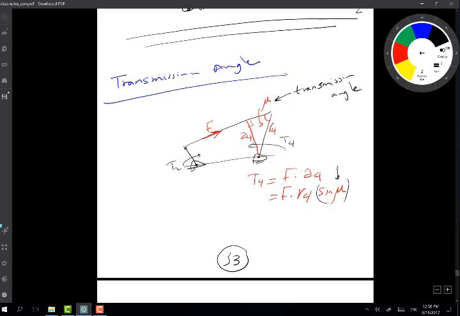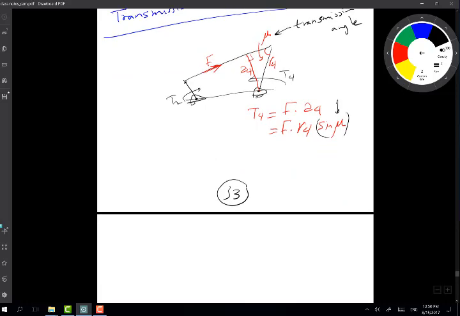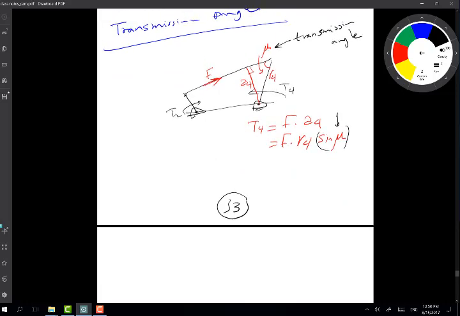The idea is I want sine mu to be as close to 1 as possible, because the maximum sine is sine 90, that's 1. So we want mu to be as close to 90 as possible.